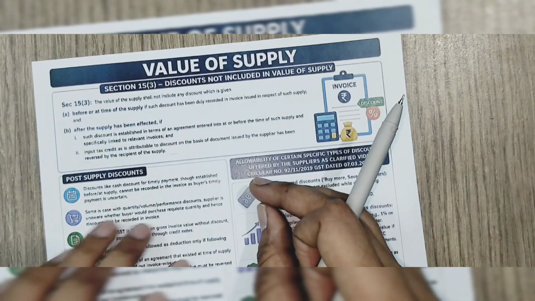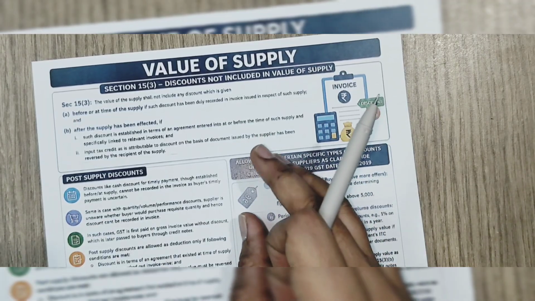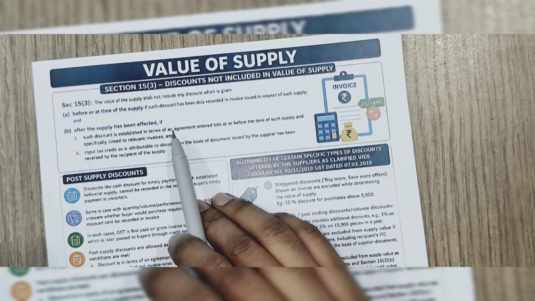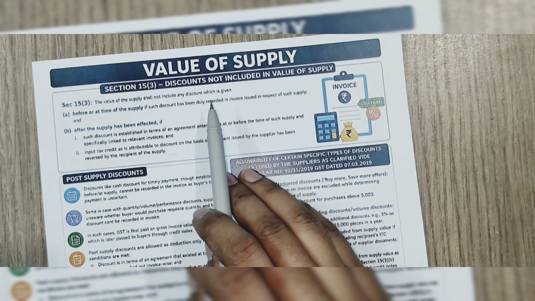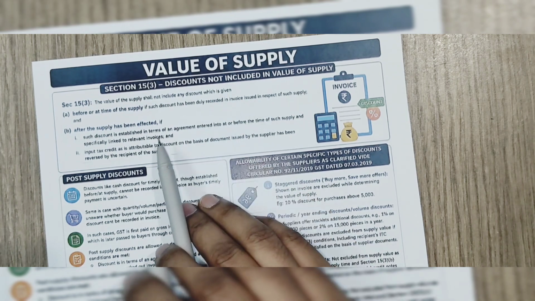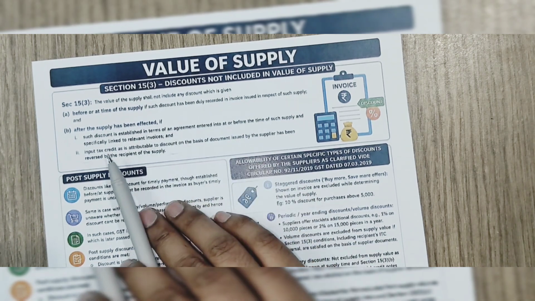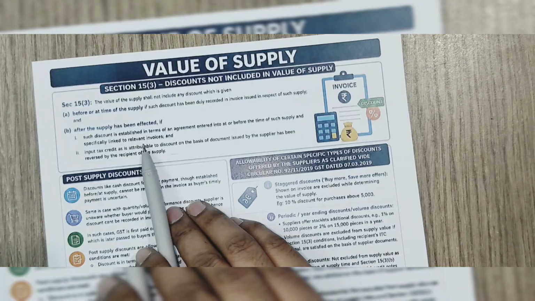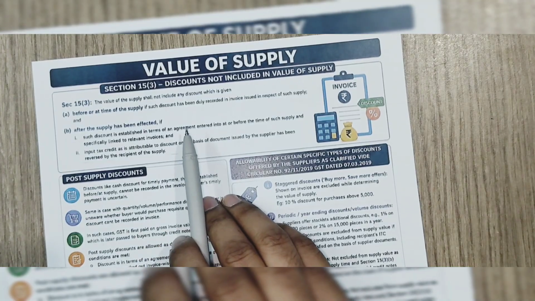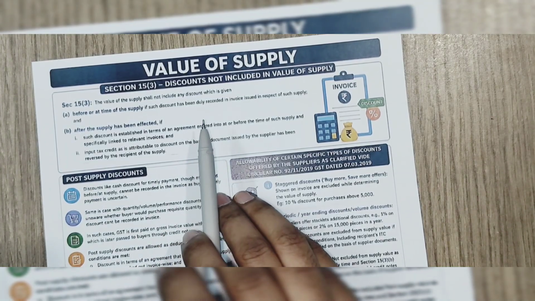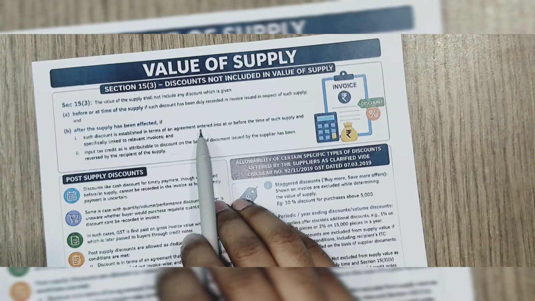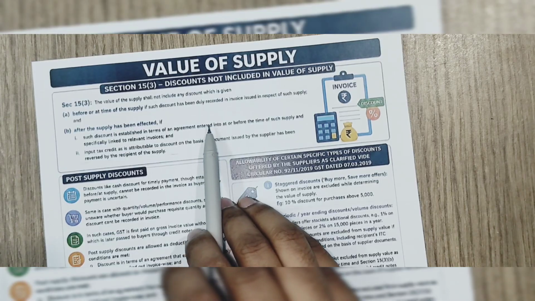But there are some agreement conditions. If you are giving a post-supply discount, then what is the agreement? Such discount established in terms of agreement. There should be an agreement at the time of supply.